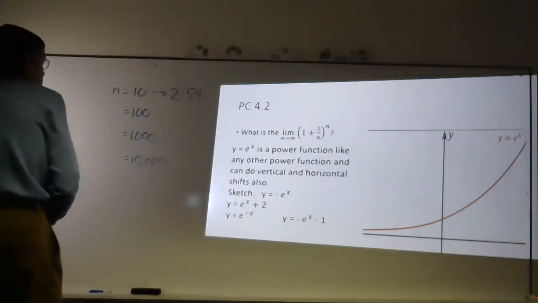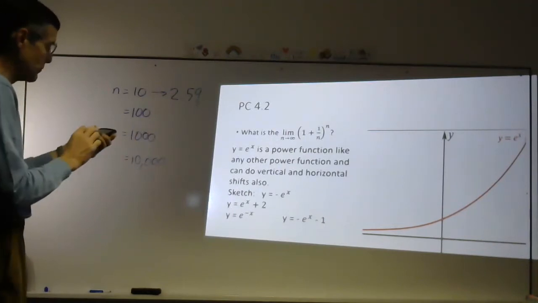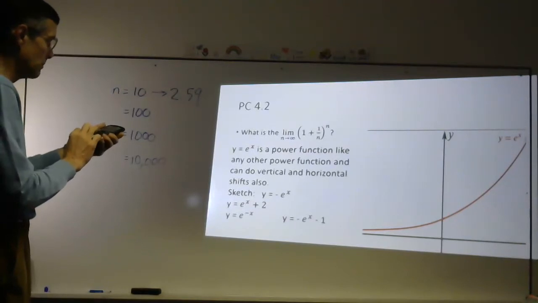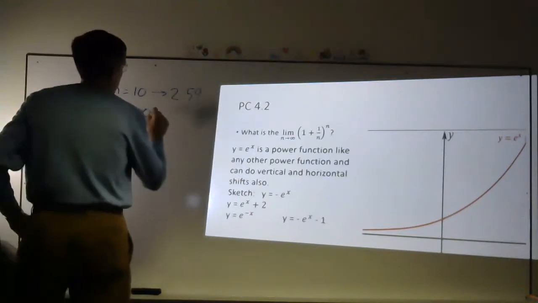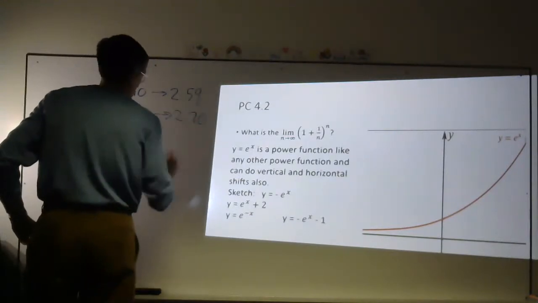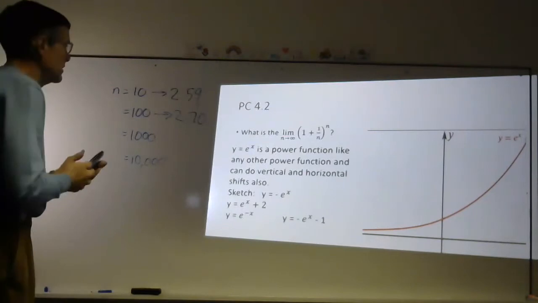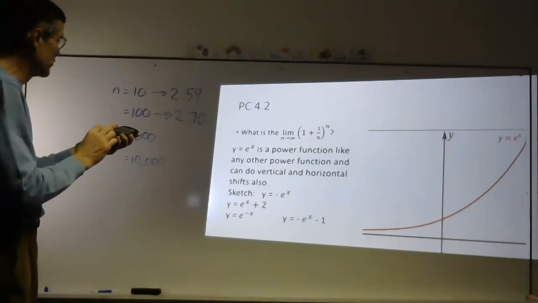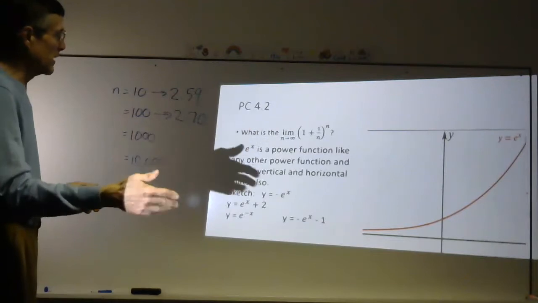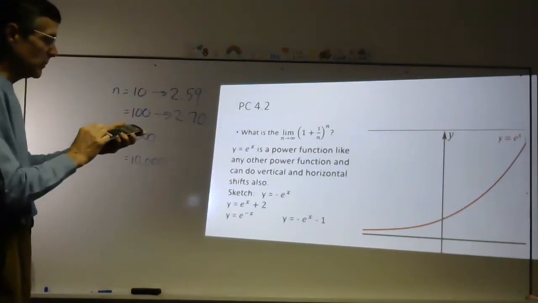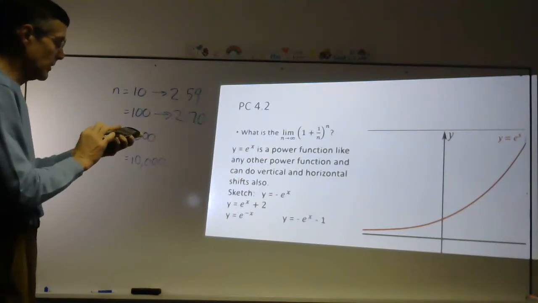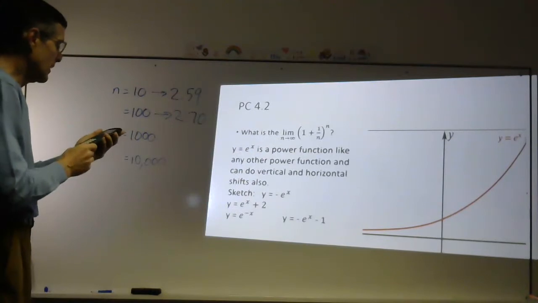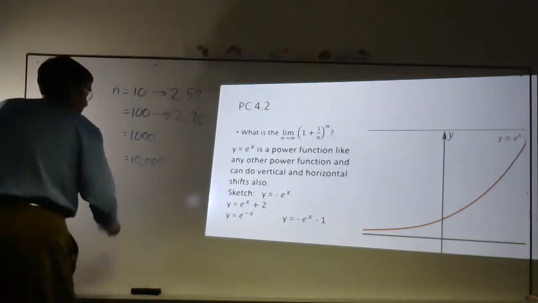Now, let's do it for 100. 1 plus 1/100th would be 1.01 raised to the 100th power, and that gives me 2.70. As we merrily proceed here, let's do 1,000. 1 over 1,000 is 1/1,000th, so that's 1.001, raised to the 1,000th power, and I get 2.717.